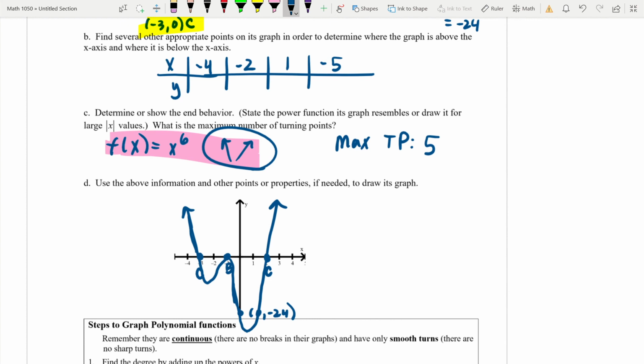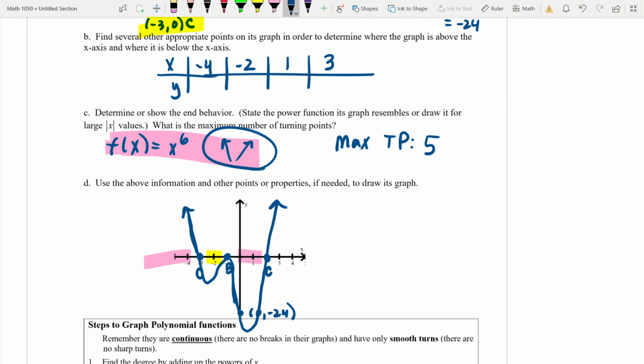So the negative 4 does on my left. The negative 2 does that one. The 1 does that one. And then the negative 5 does what? The one on the left again, right? I don't have to test that one again. So people test a region twice, and then they omit a region. So be careful, okay?